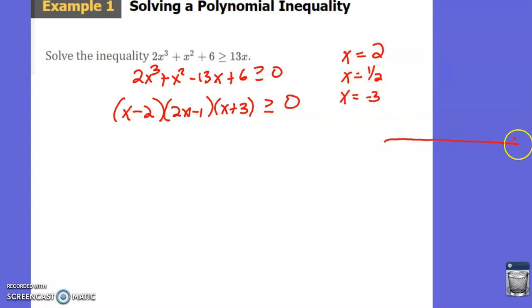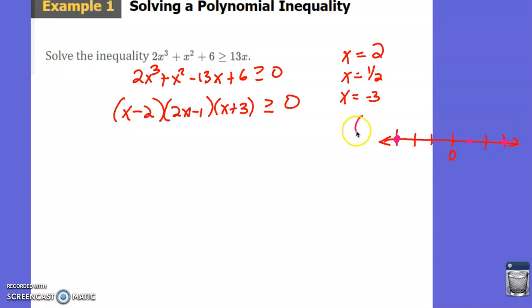Imagine that on a number line. We have -3 right here as a zero, we have 1/2 as a zero, and we have 2 as a zero. Notice you can see the intervals.